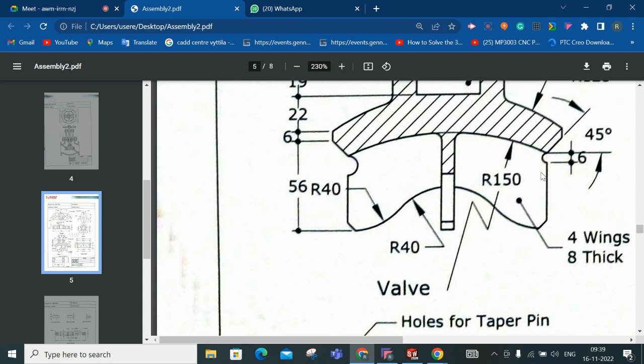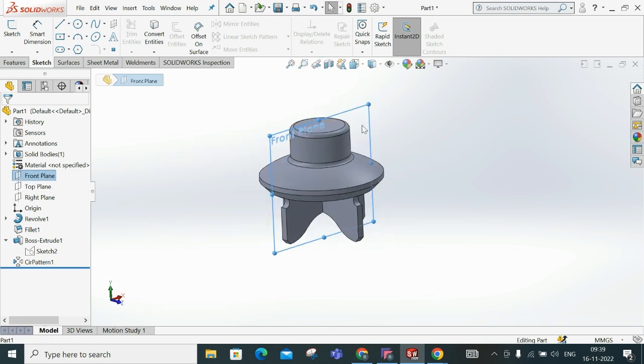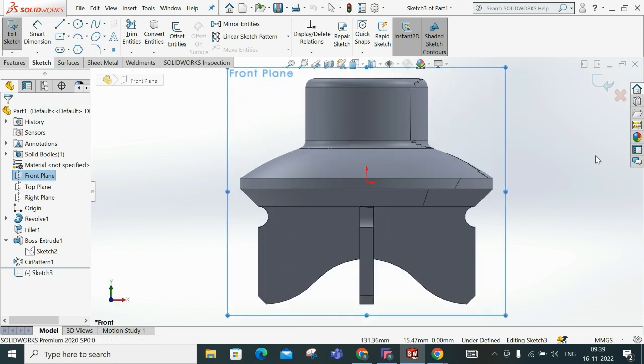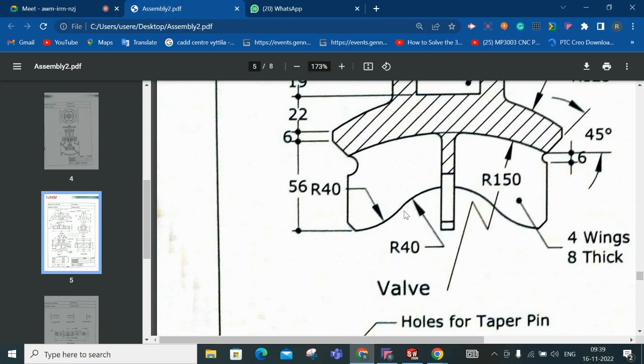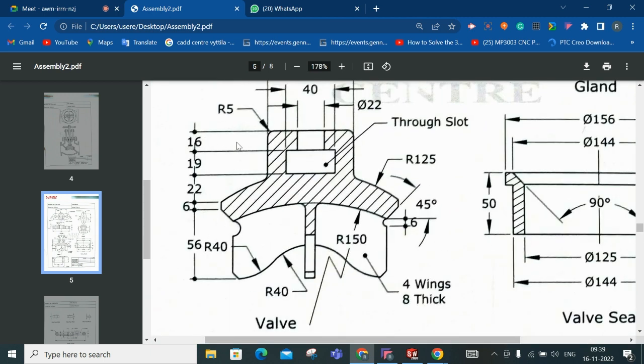And then for this cut, what I can do is select the midplane. Yes, right. Draw a small rectangle here, which is at a distance of 16 from the top, and 9 and 40.